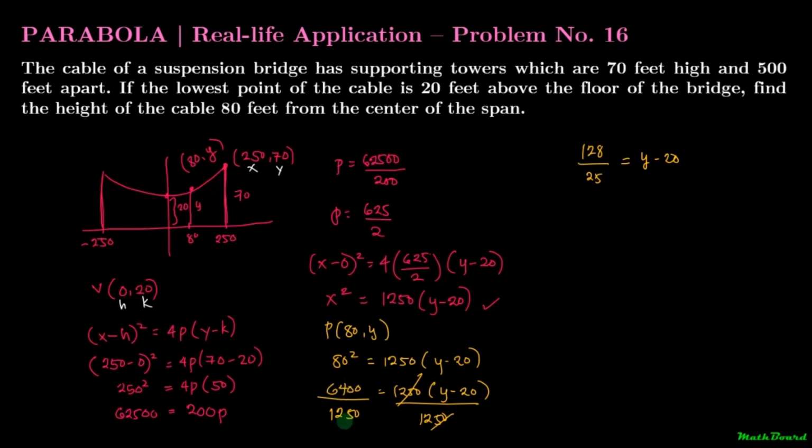Then, transpose lang natin yung negative 20. This becomes 128 over 25 plus 20. And that becomes 25.12 in decimal. So, yan na yung ating answer. So, 25.12 feet.